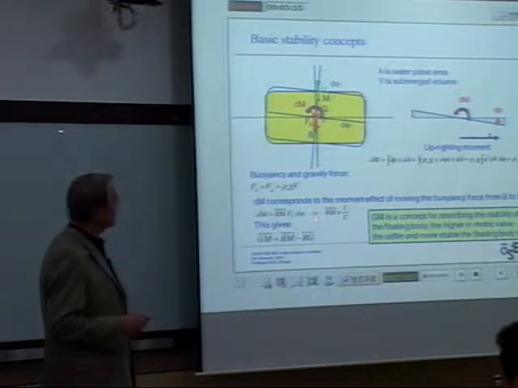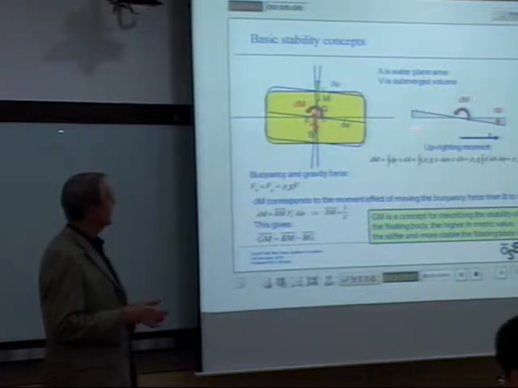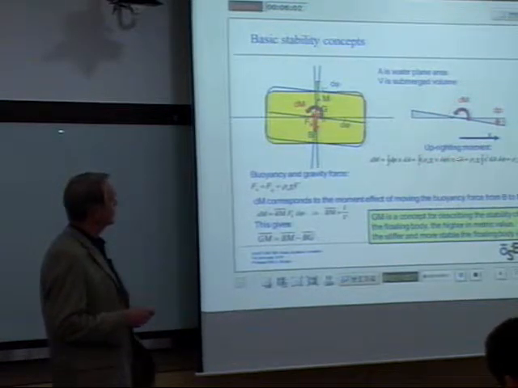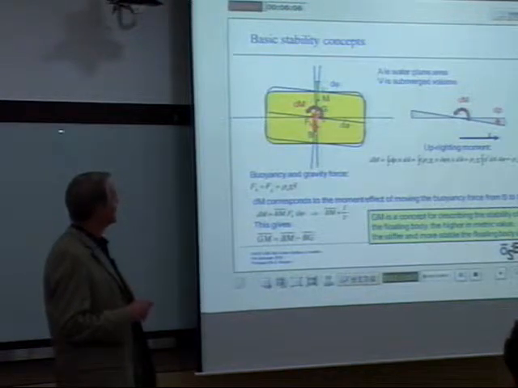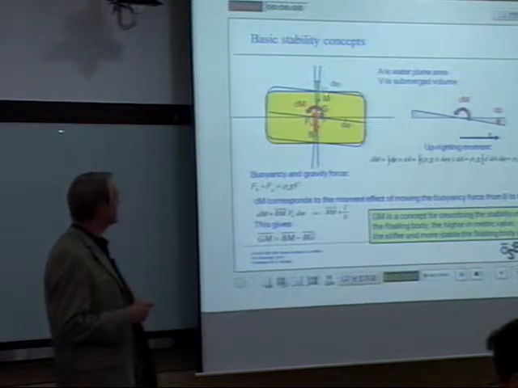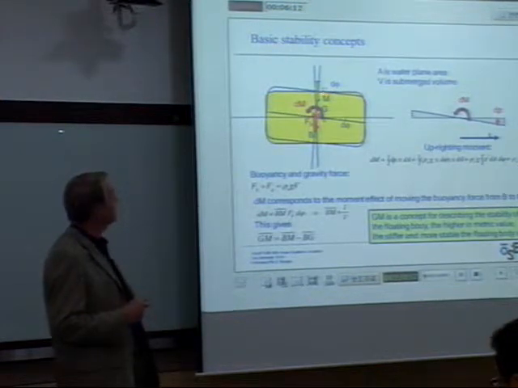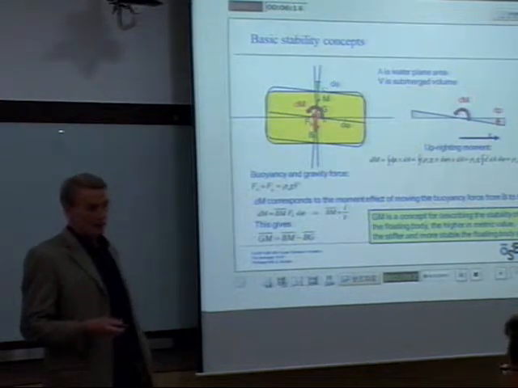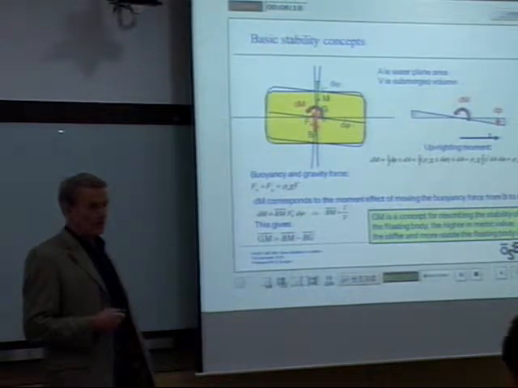So BM is kind of a derived quantity from the uprighting moment. You see? So in one way it's kind of a mysterious quantity when we talk about BM and GM, but it's really a metric expression of the uprighting moment.